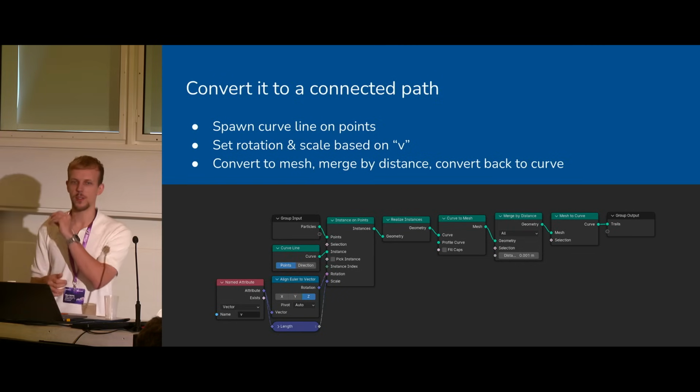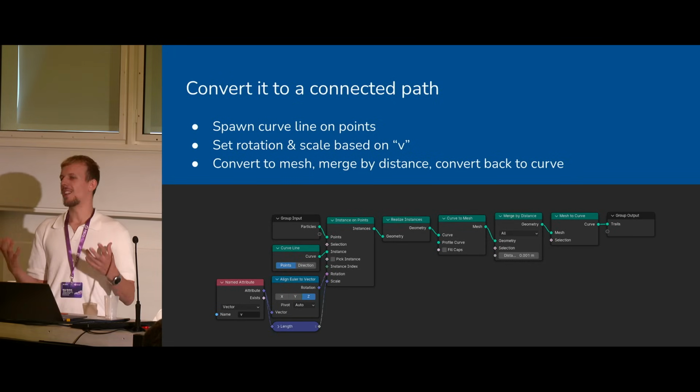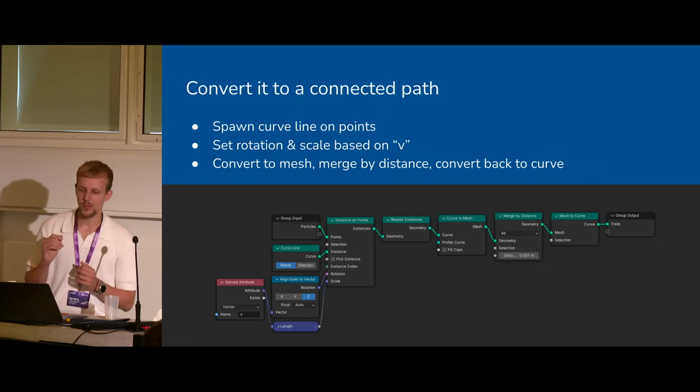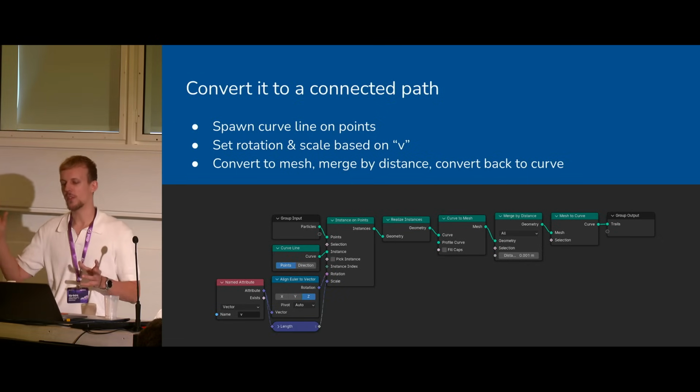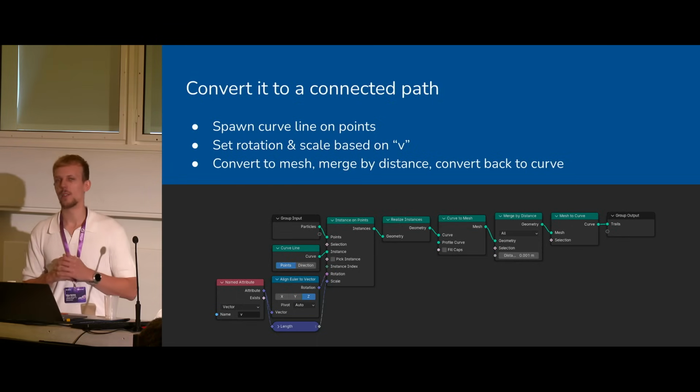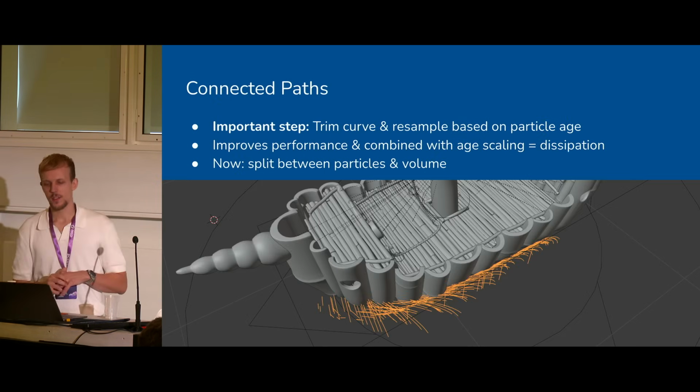It already points in the correct direction. We align it to that direction and it points correctly. Then we can also scale that entire line down based on the length of the velocity vector, which will indicate where it has to end, and then the endpoints overlap perfectly with the start point of the next particle. So then it looks something like this.